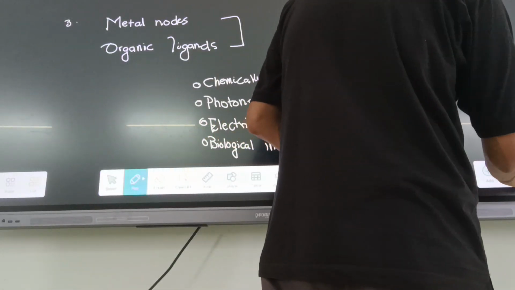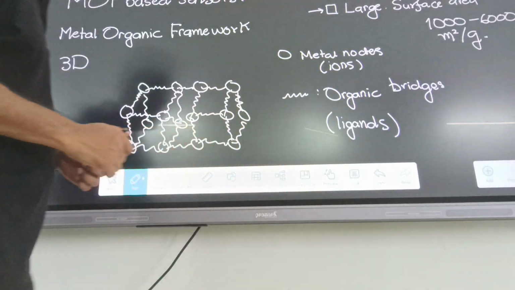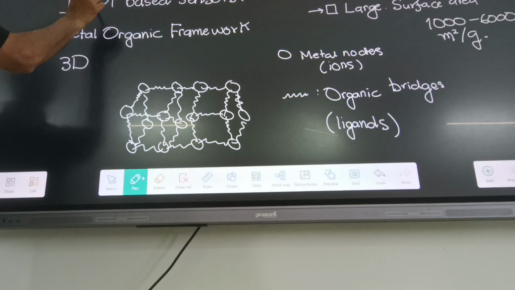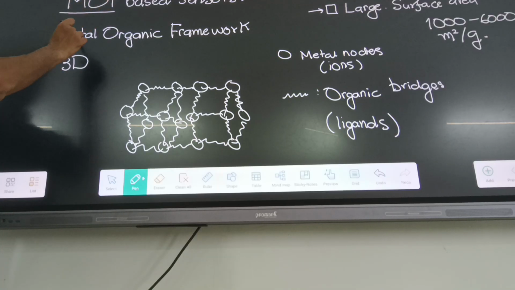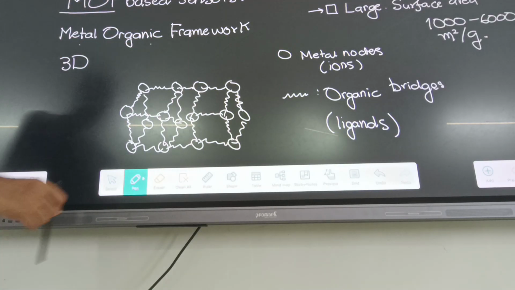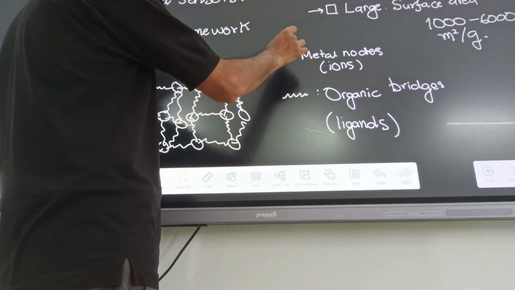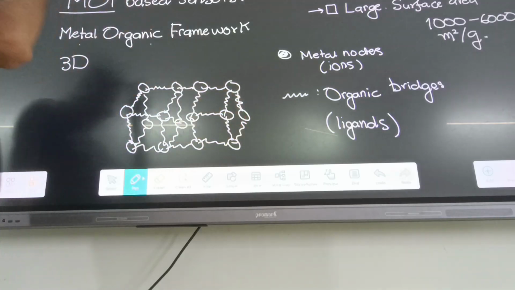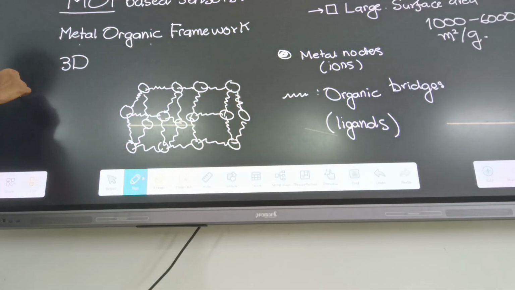So I'll just recap. Today's topic is metal organic frameworks, MOF, based sensors. Metal organic, it consists of metal nodes as ions and organic bridges, ligands. It is actually a porous crystalline structure.